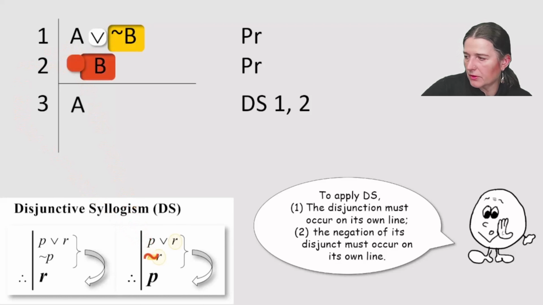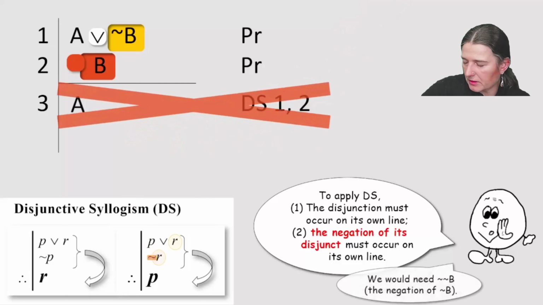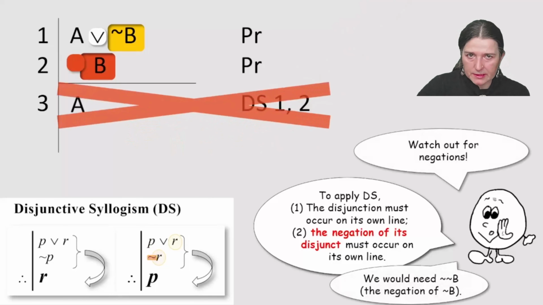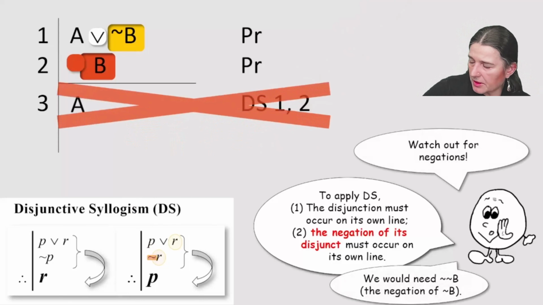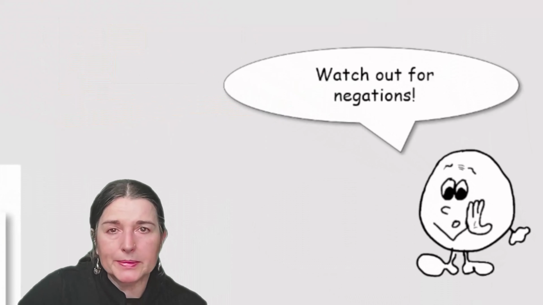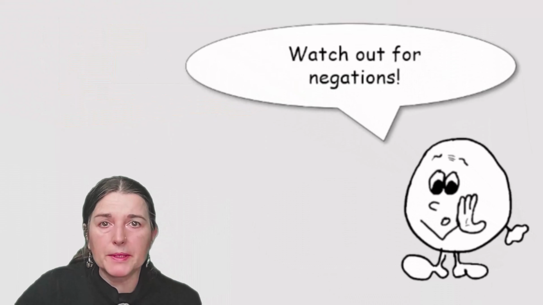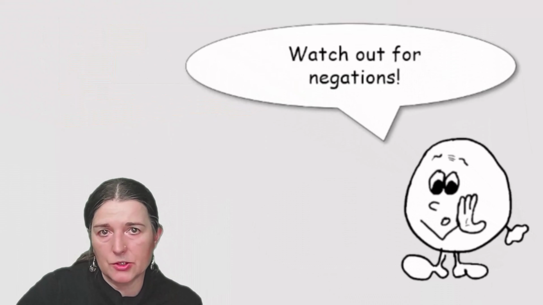So the negation of the disjunct must stand on its own line. There must be a proposition which has the form tilde and then whatever the disjunct is. So in this case, we would need tilde, tilde, B. In general, when you apply disjunctive syllogism, be careful about negations.